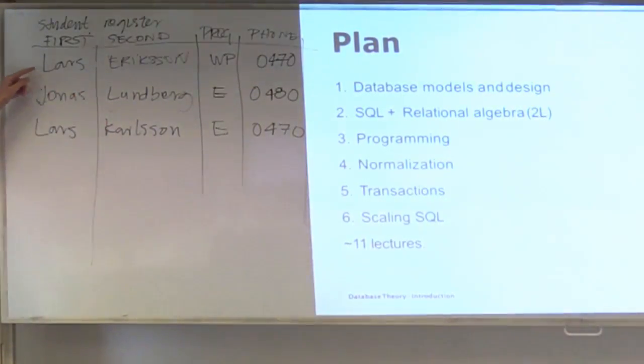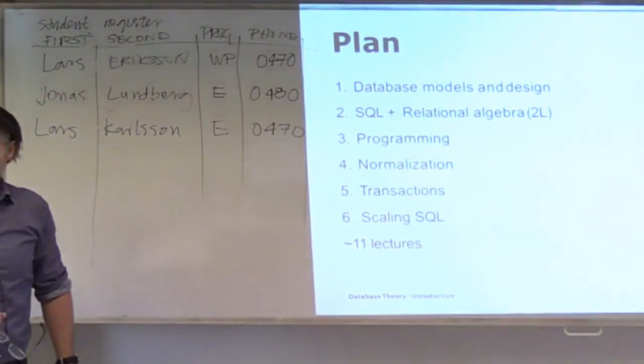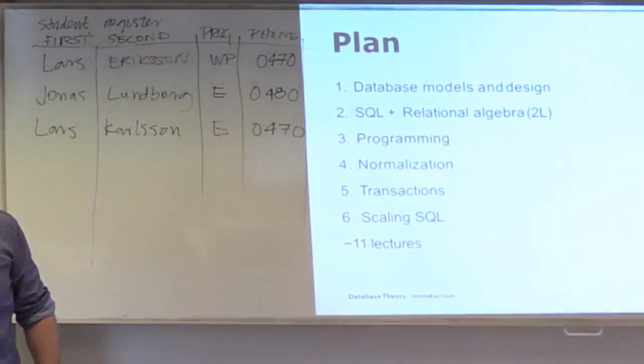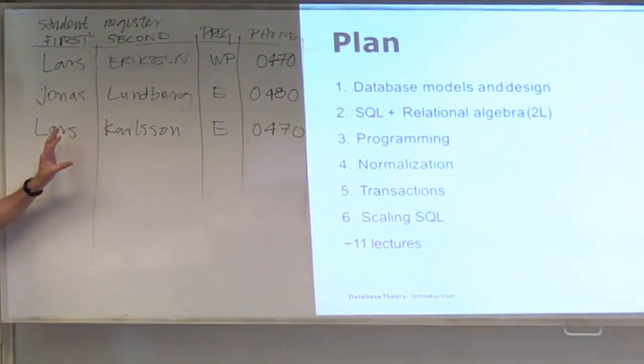The first one is where my second name is Ericsson, and the second one is where my second name is Karlsson. So then you face the problem of deciding which one is the correct one. Well, in this case, you can't. So that's also a really bad thing here. So that's something we have to fix.